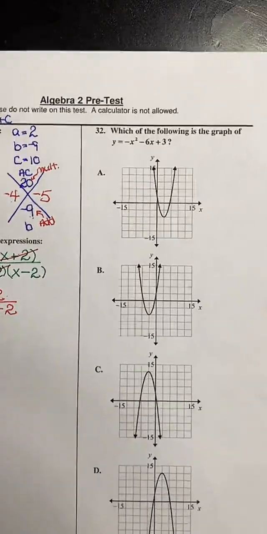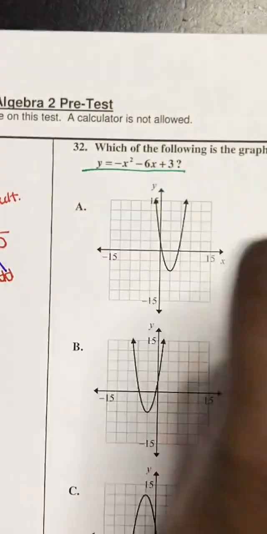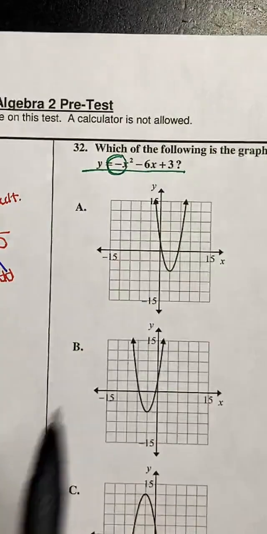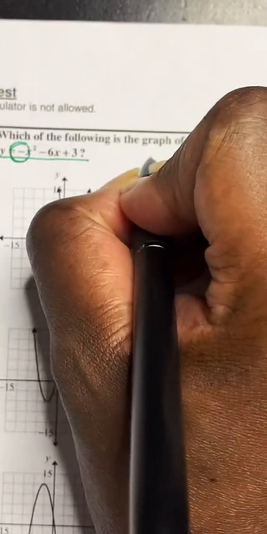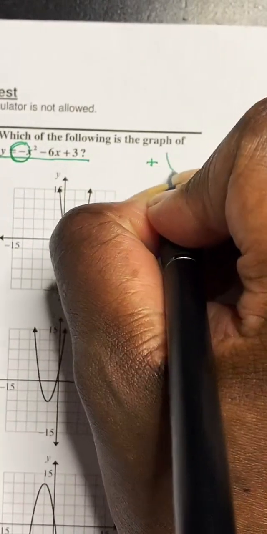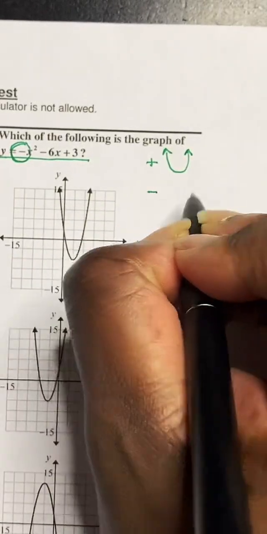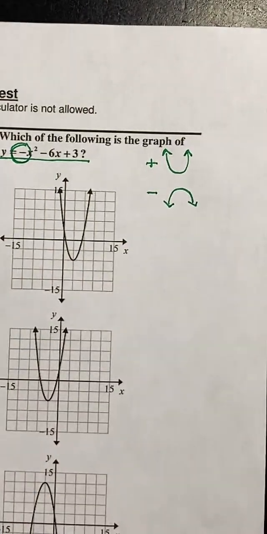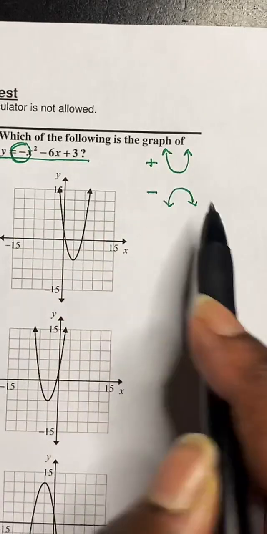So if we recall, when you look at your equation, this leading coefficient is telling you how your graph is going to open. So if it's a positive number, if there's nothing there, it's going to open up like a cup. And if it's negative, it's going to open down like a frown. Okay. The x squared is going to tell you what shape we're going to draw.